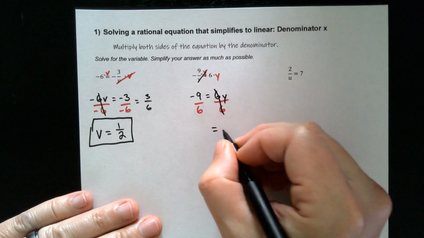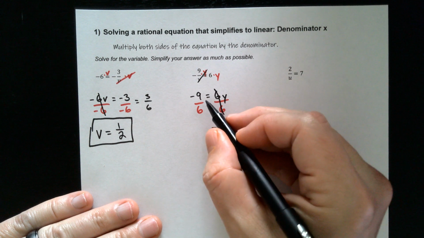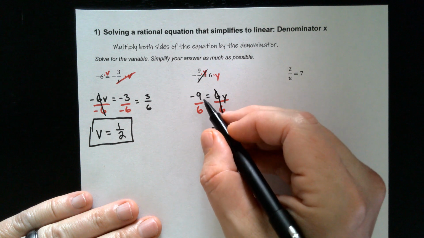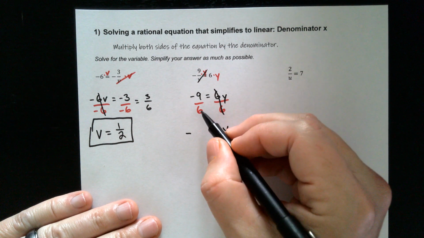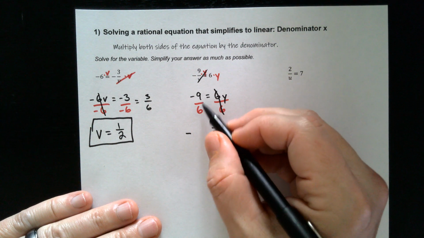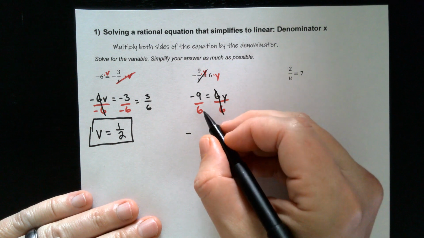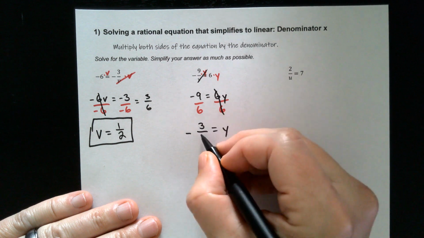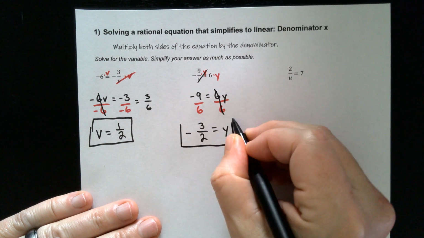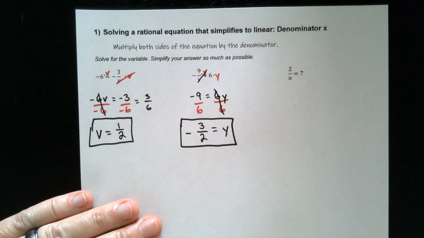So that gives me y over here. And then -9 divided by 6, it's going to stay negative, but are they divisible? Are they both divisible by something? Maybe a 3? So if I divide 3 into 9, it goes in there 3 times. And if I divide 3 into 6, it goes in there 2 times. So we get y is equal to -3 over 2.